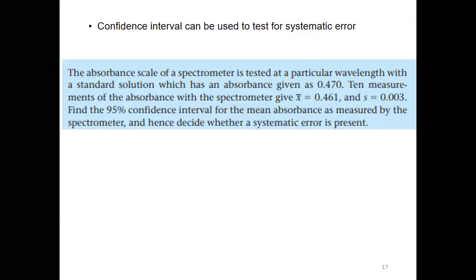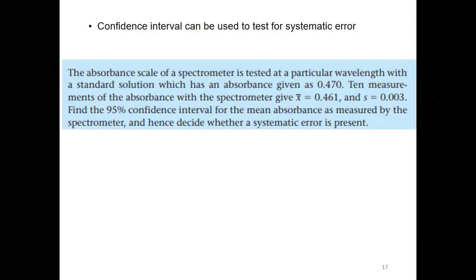Okay, let's talk about this question. The absorbance scale of a spectrophotometer is tested at a particular wavelength with a standard solution which has an absorbance given as 0.47.